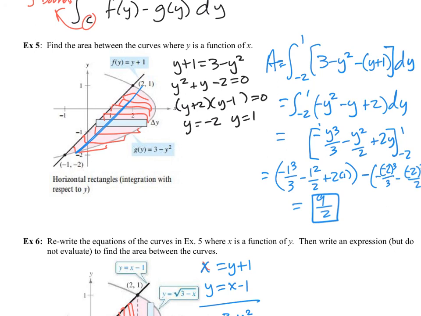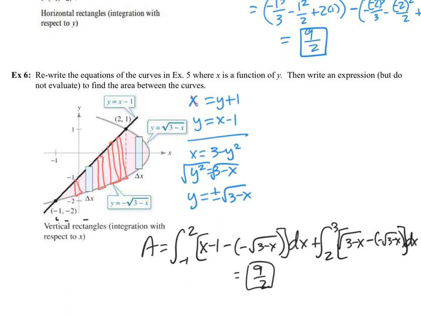As you saw down here, it is possible to integrate in terms of x, which we did, but it was a lot clunkier. So it would be a lot better to integrate in terms of y.